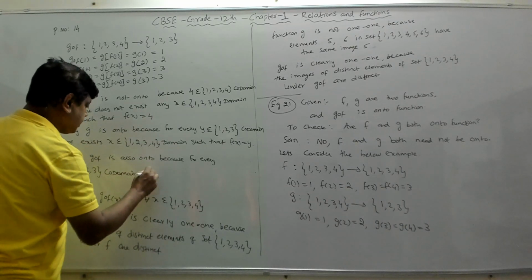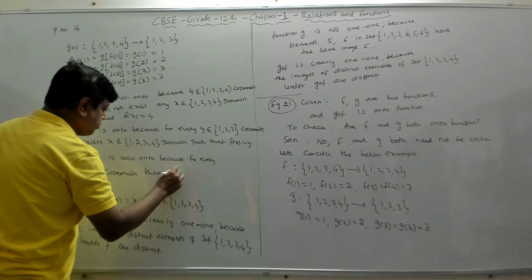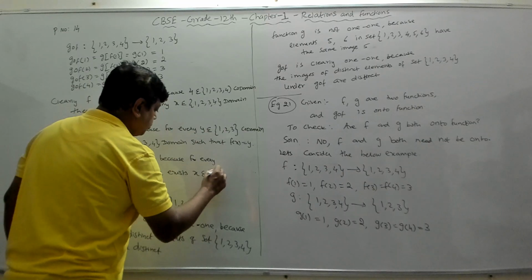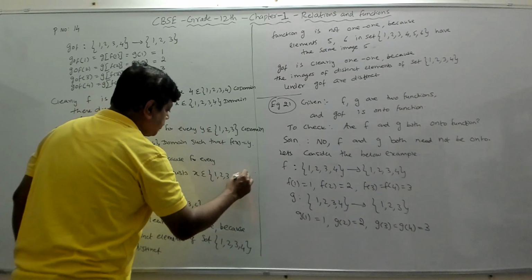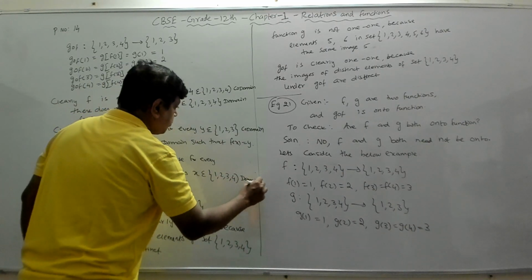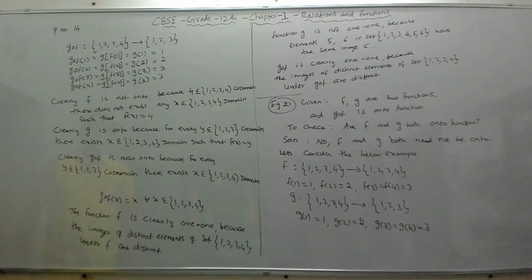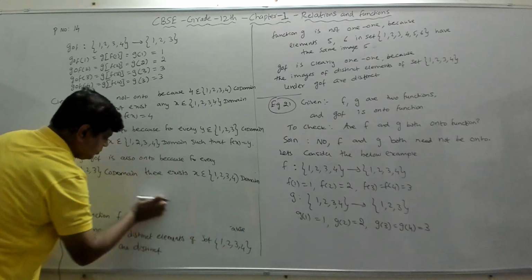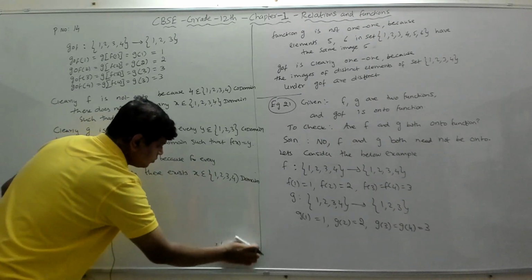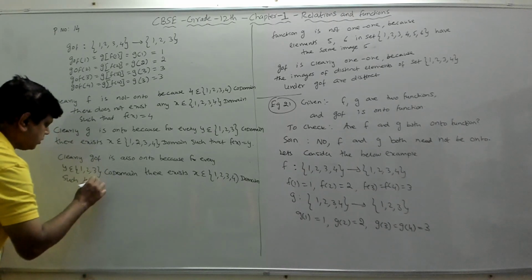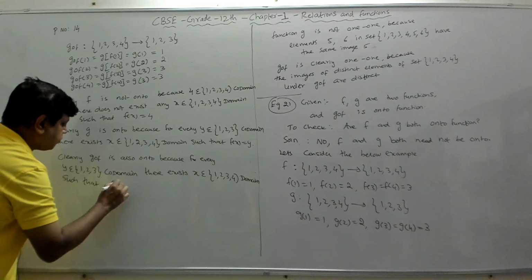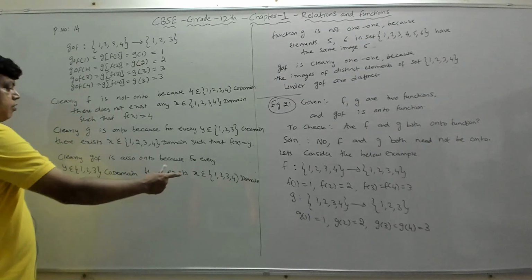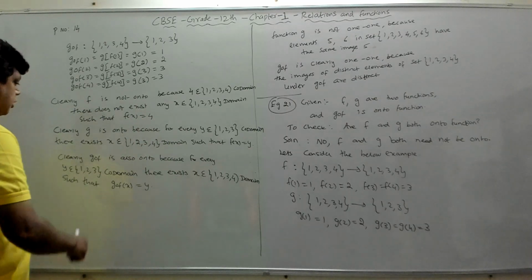For every y there exists x belonging to {1, 2, 3, 4}, the domain set, right, such that g of f of x is equal to y. That's why g of f is onto.